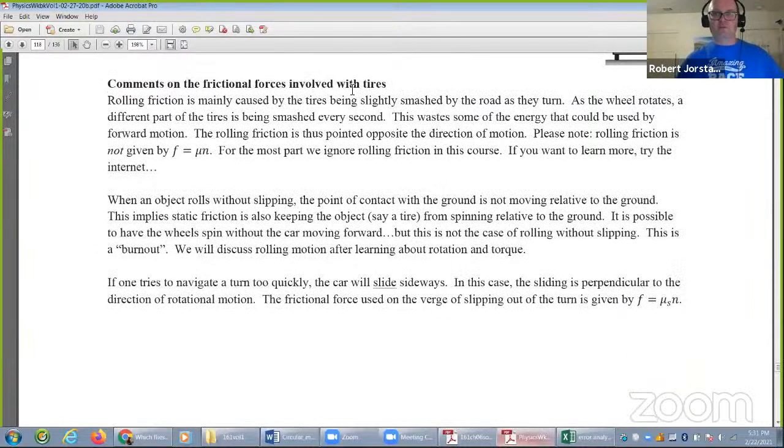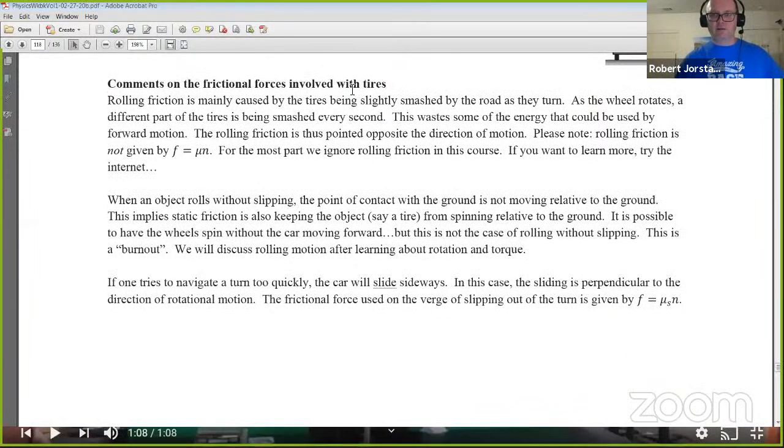So when you're driving in a car or riding a bicycle or walking on carpet, this always happens where either the road gets smashed a little bit, like the carpet, or if you're driving in a car, you could imagine your tire is not perfectly cylindrical because the bottom of it gets smushed a little bit.